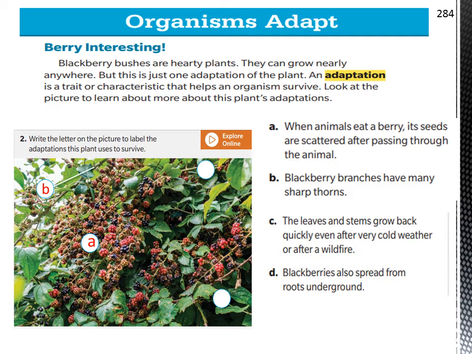Yes, that's great. C. The leaves and stems grow back quickly even after very cold weather or after a wildfire. Where are the leaves? Excellent. Now D. Blackberries also spread from roots underground. Good job.